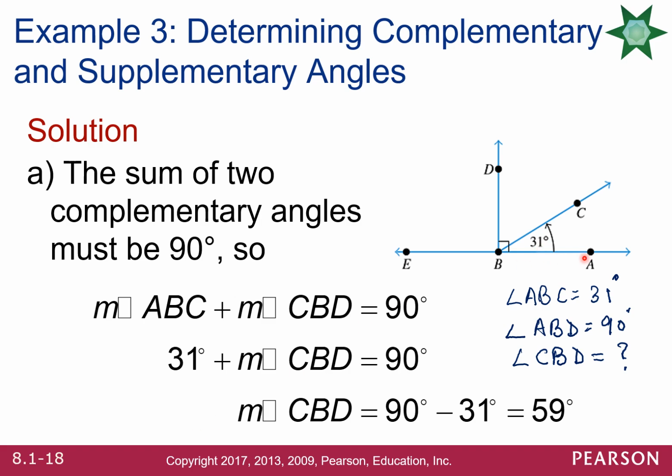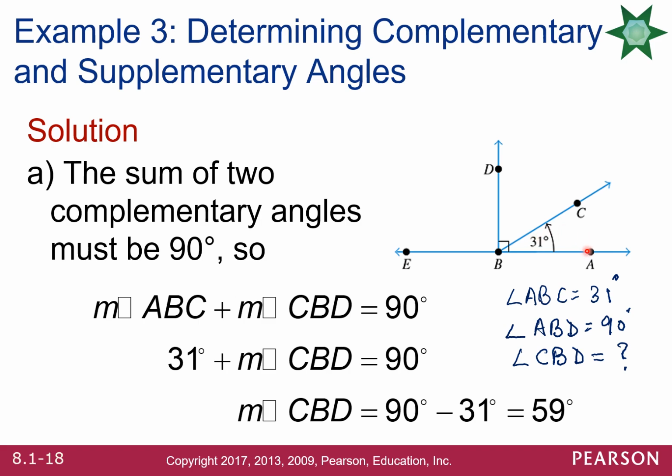Now, how do we know that ABD would be a right angle? From the fact that the two angles ABC and CBD are complementary angles. So whenever you see the term complementary angles, that means the sum of the two angles is 90 degrees.